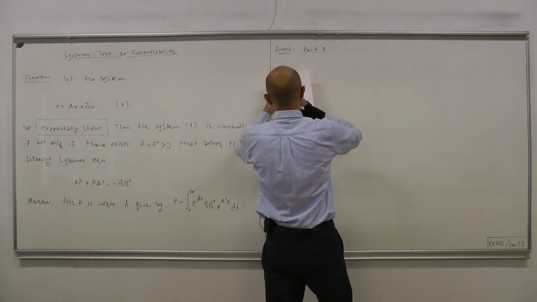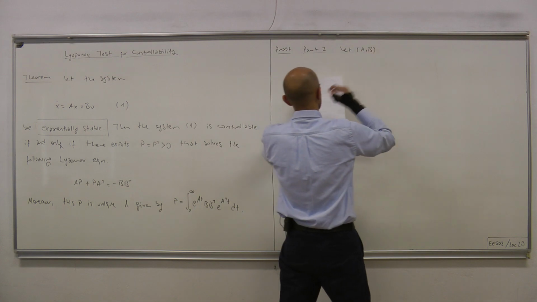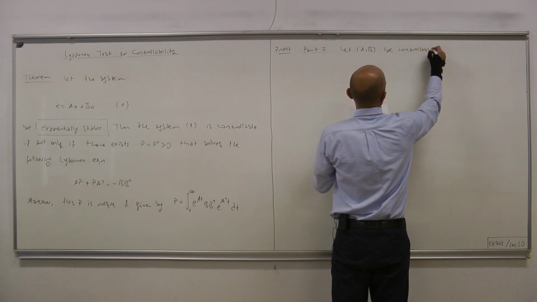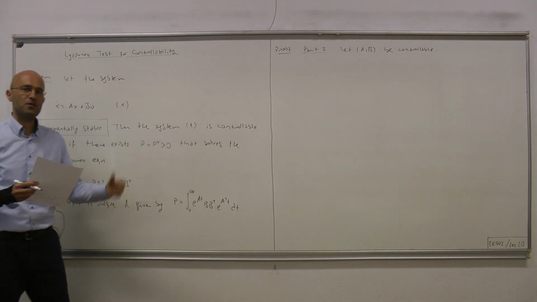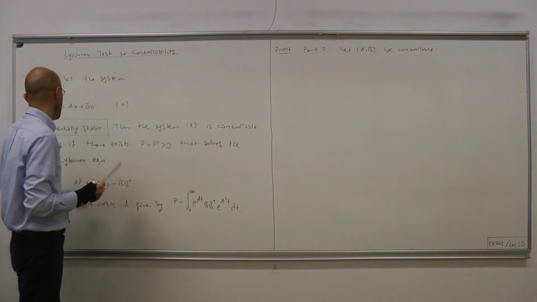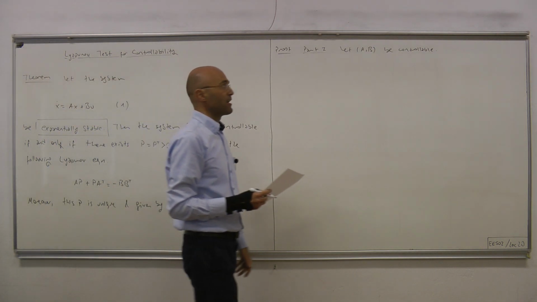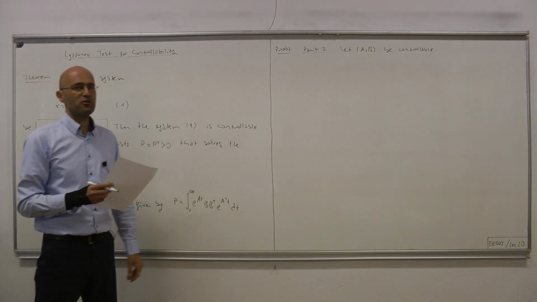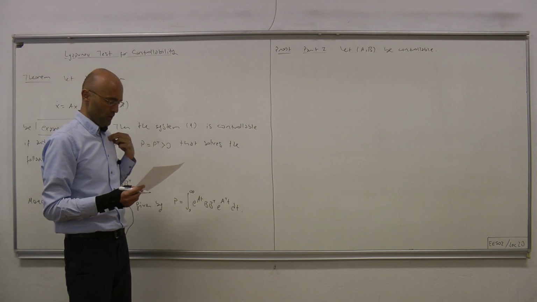Part 1: let the pair AB be controllable. That is, the controllability matrix is of rank n, being the order of our system, or there exists no eigenvector of the matrix A transpose that belongs to the null space of B transpose. That was our PBH test for controllability.